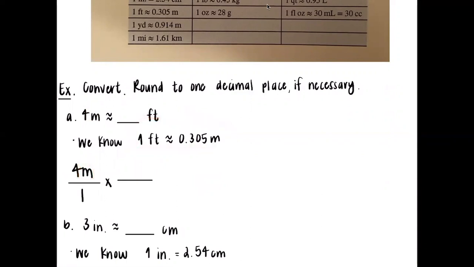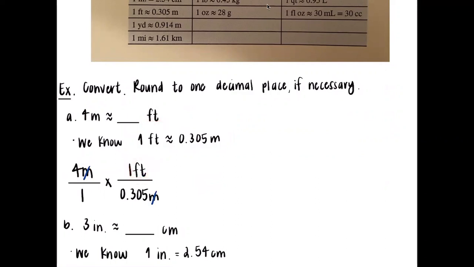Remember, you have to ask yourself, if I want to get rid of meter, where on the next fraction do I place my conversion factor? If we want to get rid of meter, we want it to eventually cancel out. So that implies the 0.305 will go on the bottom and 1 foot will go on top. Remember, with fractions, if you have the same thing on top and the same thing on bottom, it cancels out. It divides out. Then we're left with feet, which is the desired unit.